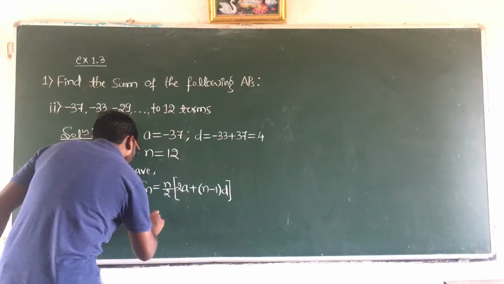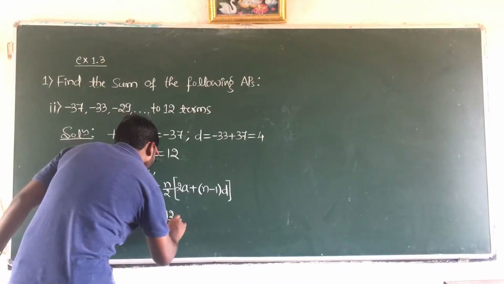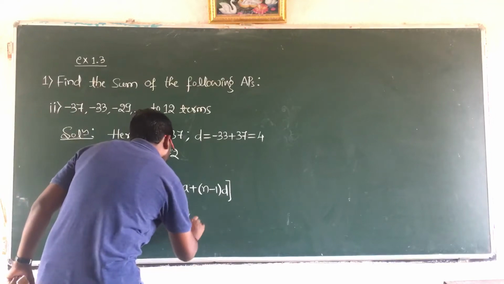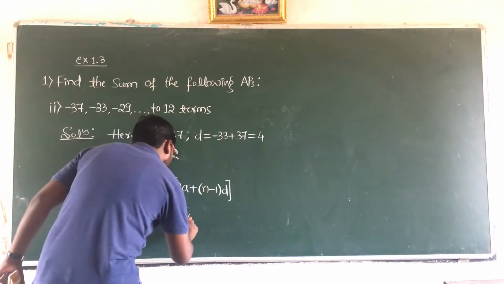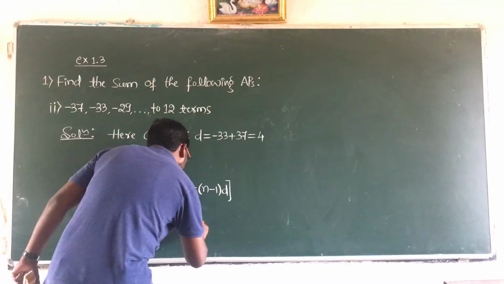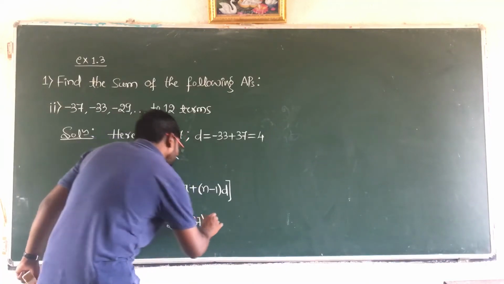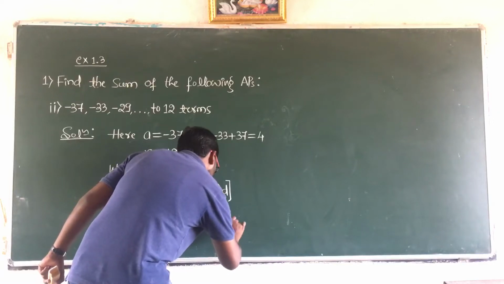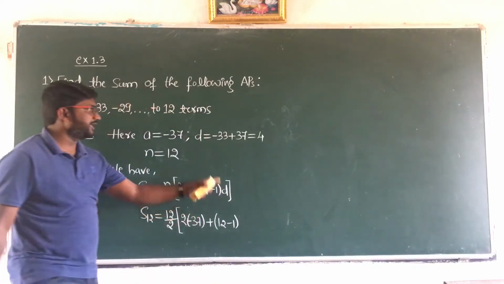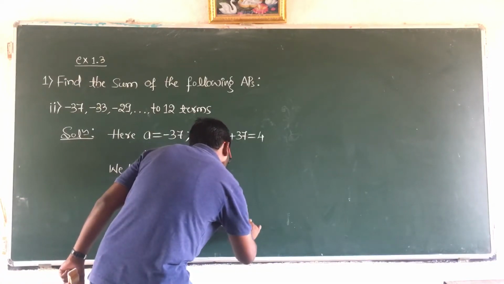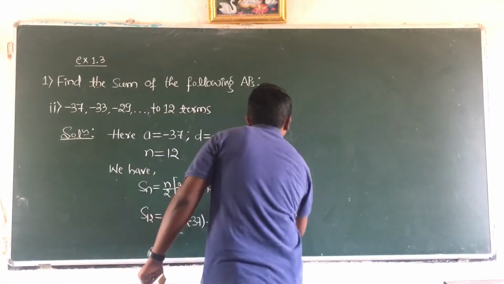S_12 is equal to 12 by 2 into the bracket: 2 into a, and a is minus 37, so we get minus 37, plus 12 minus 1 into d, where d is 4. So now let us simplify this.